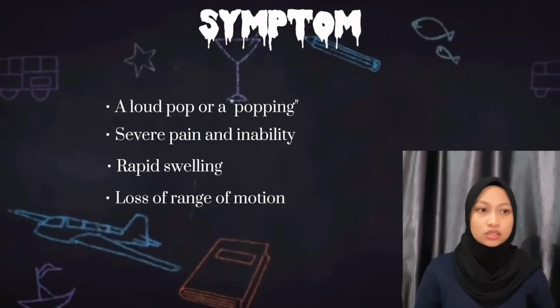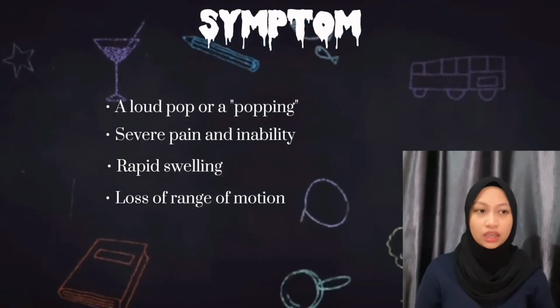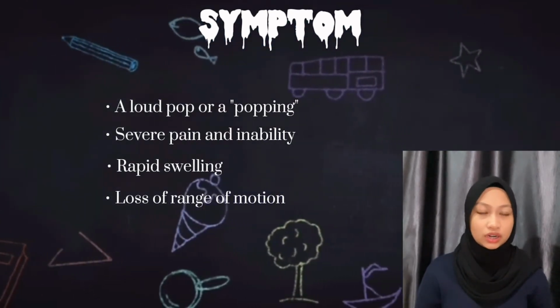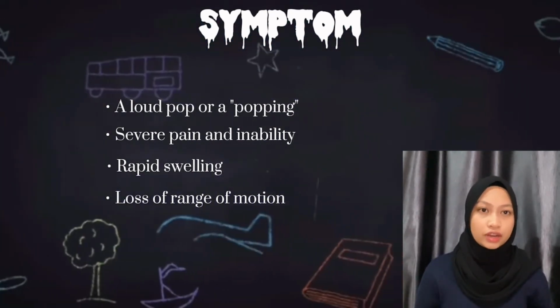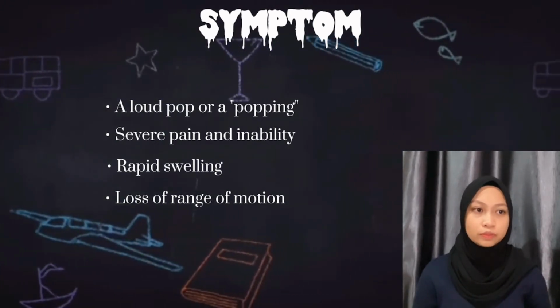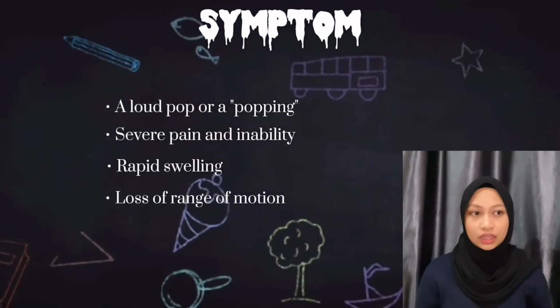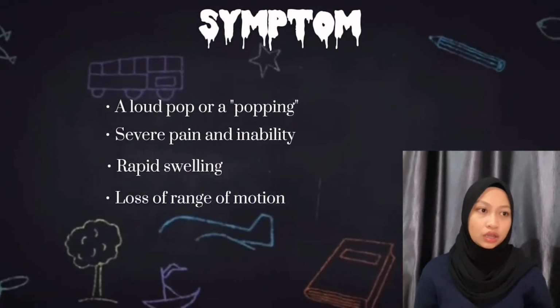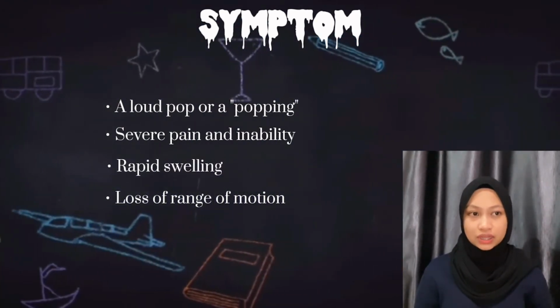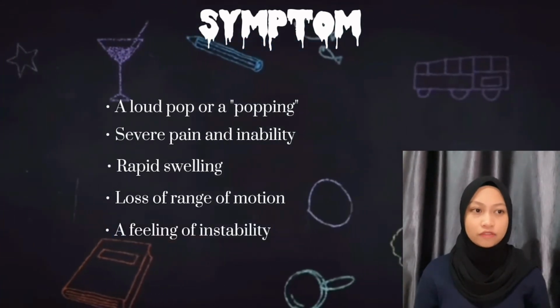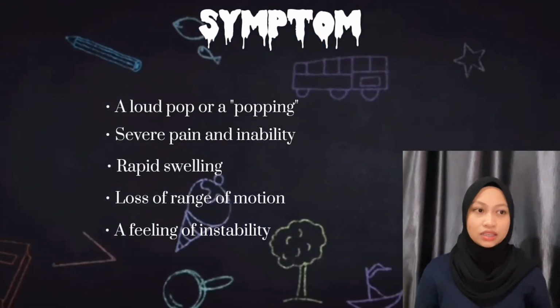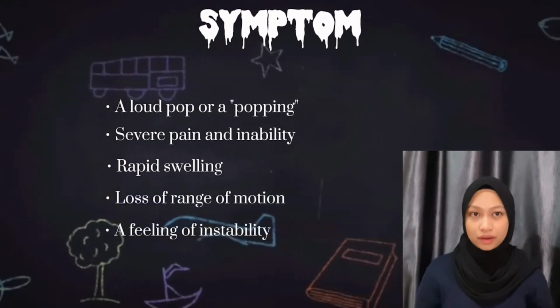Fourth, loss of range of motion. After you damage your ACL, it's very likely that you won't be able to bend and flex your knee like you normally would. And then the last one is a feeling of instability or giving way with weight bearing.